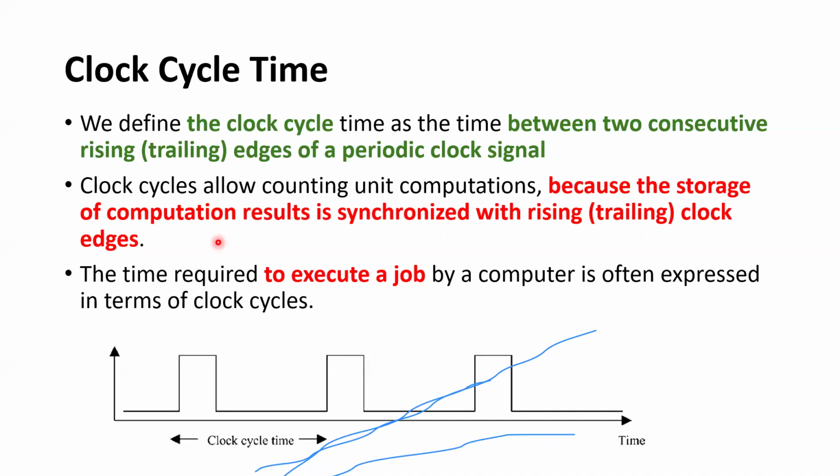Clock cycles allow counting unit computations because the storage of computation results is synchronized with the rising clock edges. Clock time required to execute a program by a computer is often expressed in terms of clock cycle.